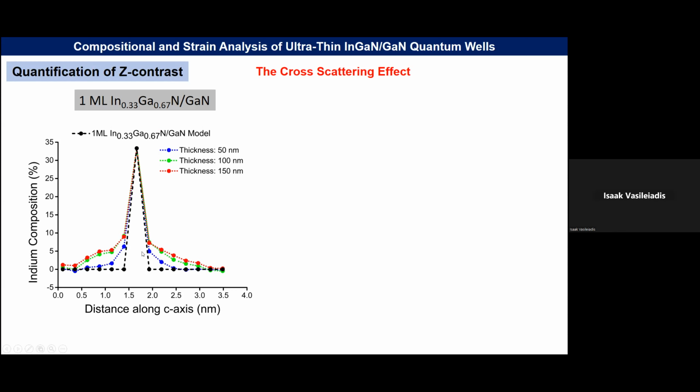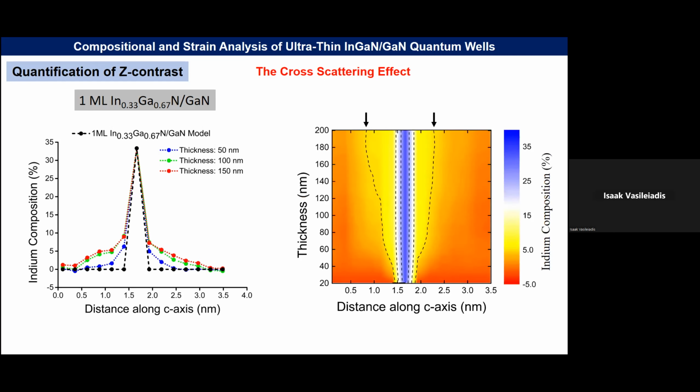And this means that we have an artificial composition of the adjacent monolayers to the central one. This must be considered in order to determine possible diffusion phenomena or possible enrichment of the monolayers close to the central line.